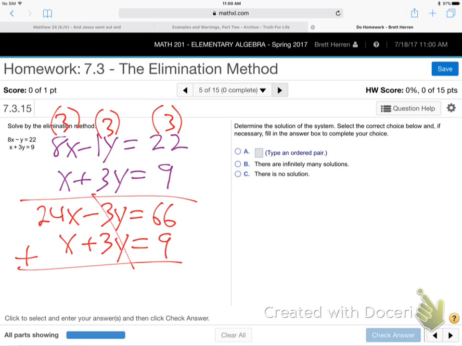Good, and then the y's eliminate. Big X comes out 3, doesn't it?